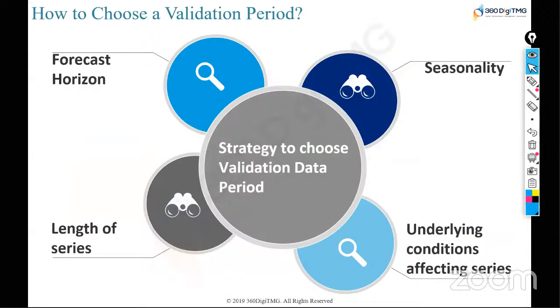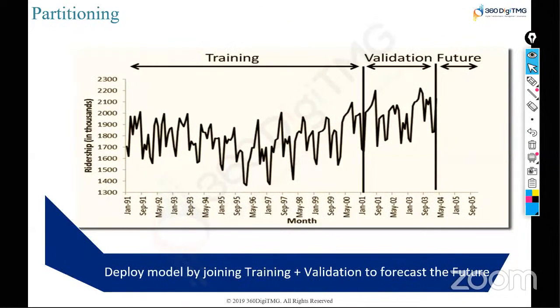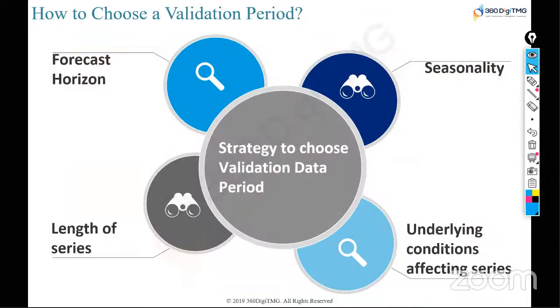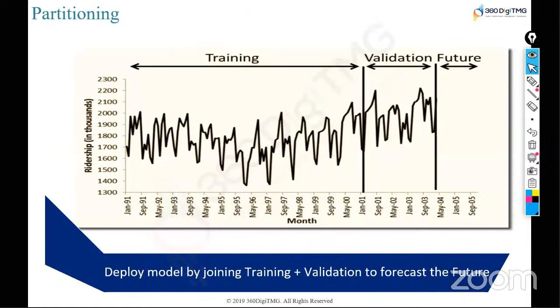So now, how to choose the period for validation or testing? It will depend on the horizon of the forecast. Now, what is forecast horizon? How much into the future you want to do the forecast?